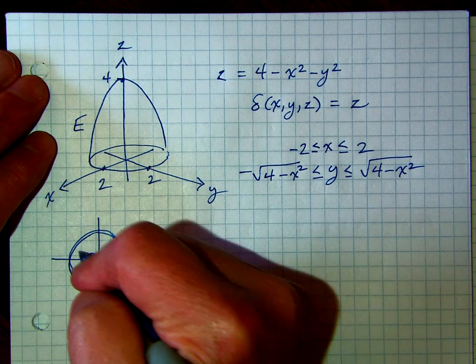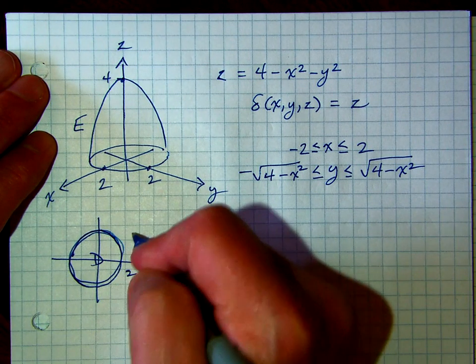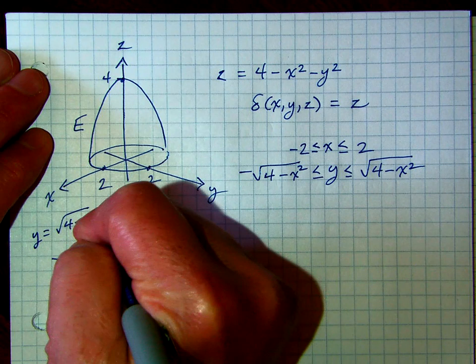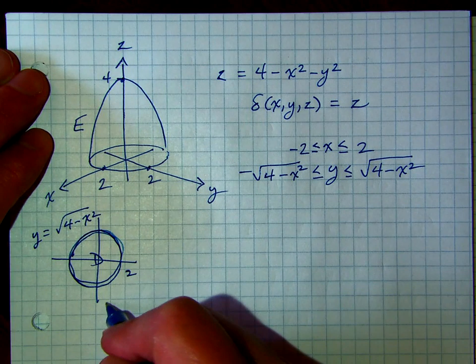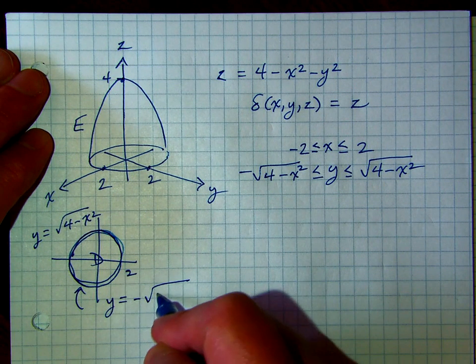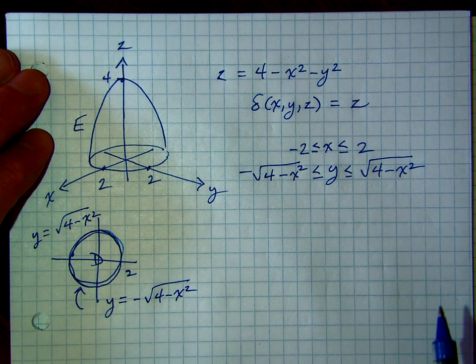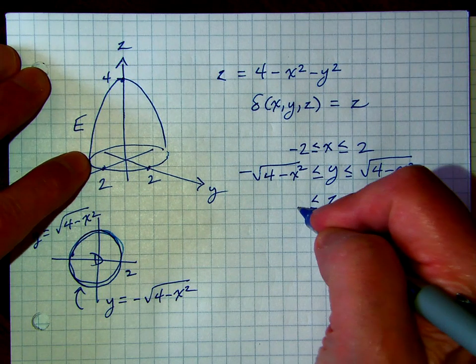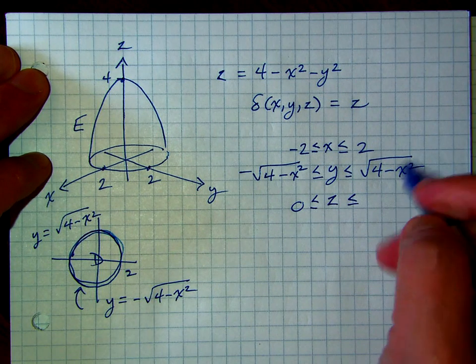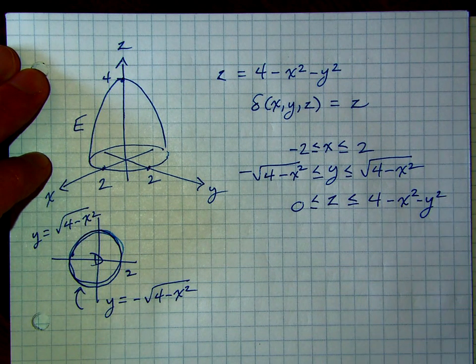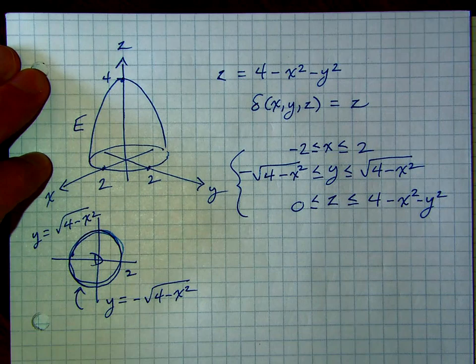The top is the semicircle. Y is the square root of 4 minus x squared. And down here for the bottom, it's the negative of the square root of 4 minus x squared. And then finally z simply goes from the bottom to the top. That's my description of E.